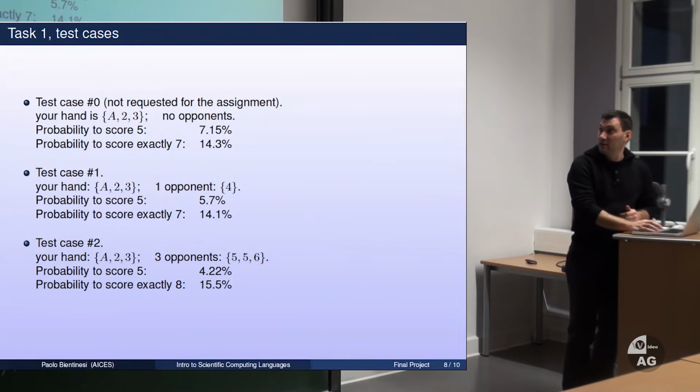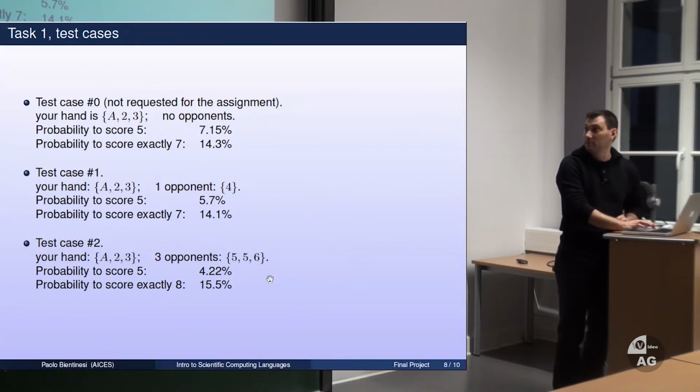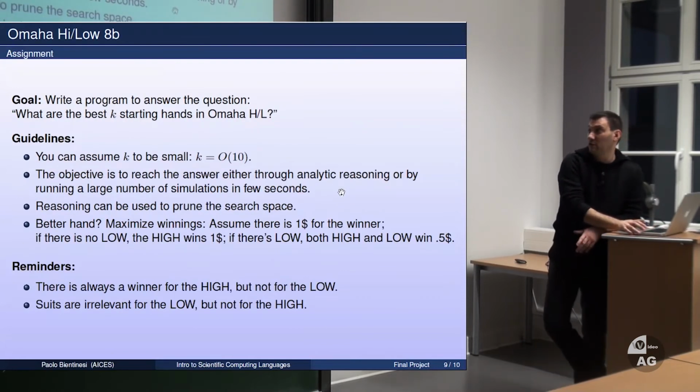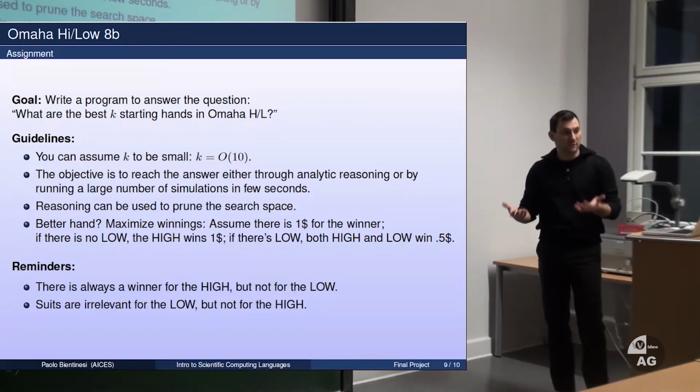This one I have done analytically and all of these numbers are exact. This one I have not tried, but it's pretty scary. If you go for simulations, you can use reasoning, some arguments to prune the search space, but you will have to defend your strategy.